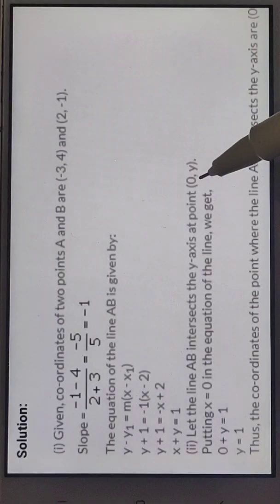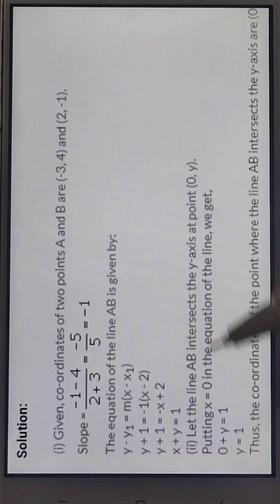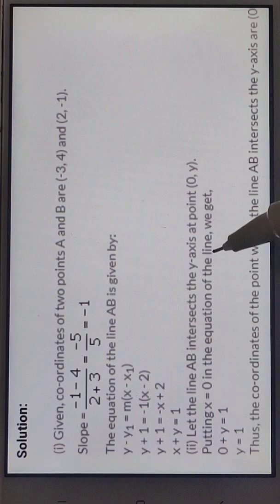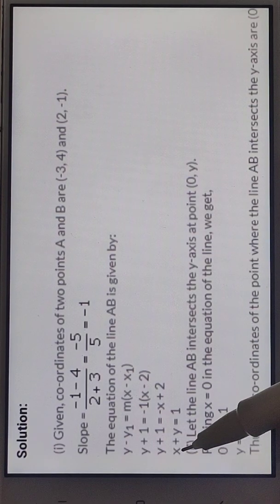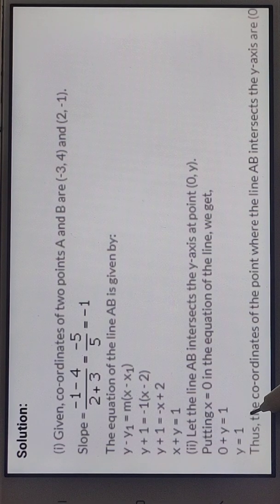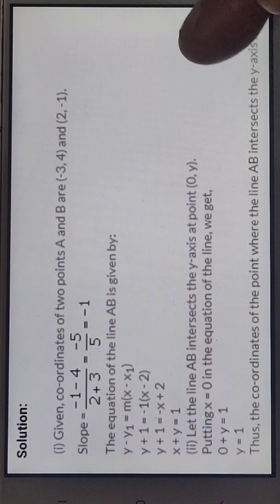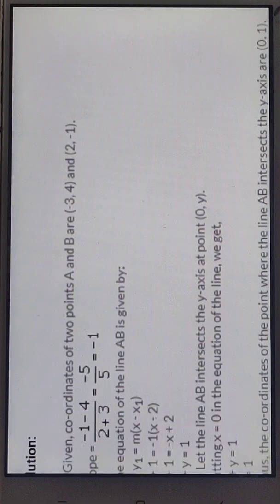That means in place of x, I am going to substitute 0 to find out the value of y. So putting x is equal to 0 in the equation of the line, we get 0 plus y is equal to 1. So the value of y is equal to 1. That means the coordinates of the point where this line is intersecting the y-axis will be 0 comma 1.